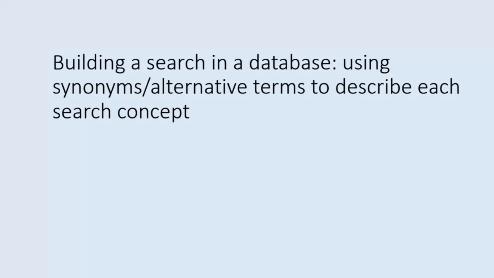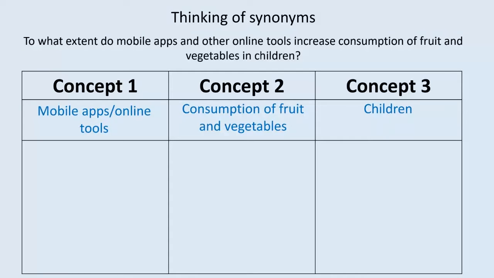Now we're going to move on to actually building your search in a database. So hopefully you've identified some of those main concepts within one of your searches. And now we need to start thinking about, okay, how are we actually going to do that in a database? Basically, we need to find synonyms for each of our concepts. Synonyms are alternative terms that we can use or an author might have used to refer to your different concepts.